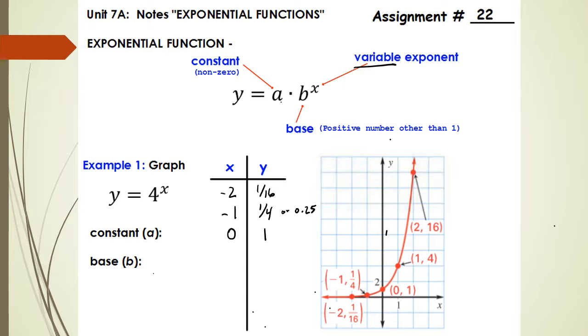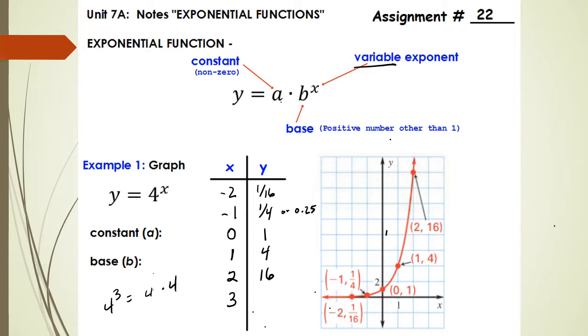Now, let's go the other way, and let's watch what happens to the y values as we increase x. So if we plug a 1 in for x, we have 4 to the first, which is just 4, okay? And then if we plug a 2 in for x, we have 4 to the 2nd, which is 16, all right? And if we plugged a 3 in, well, we'd be off the charts at 16 times 4, because that's 4 to the 3rd power, right?